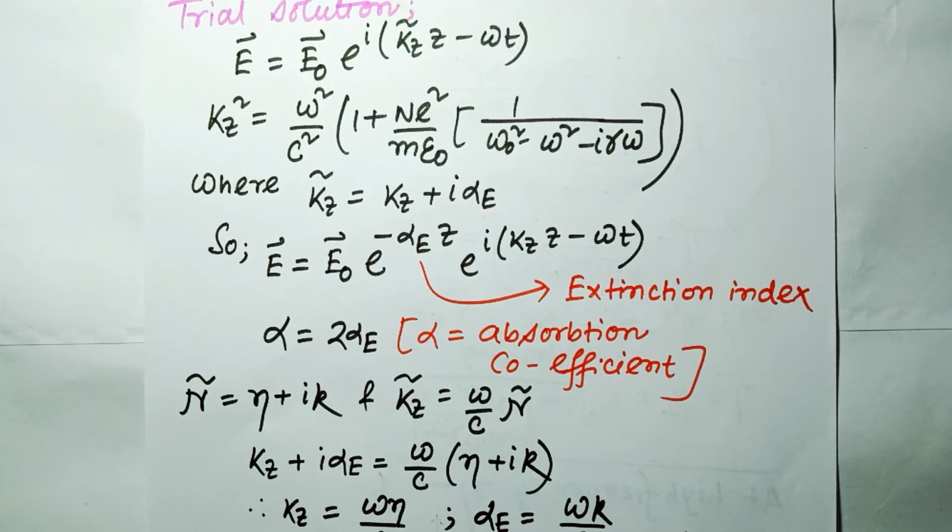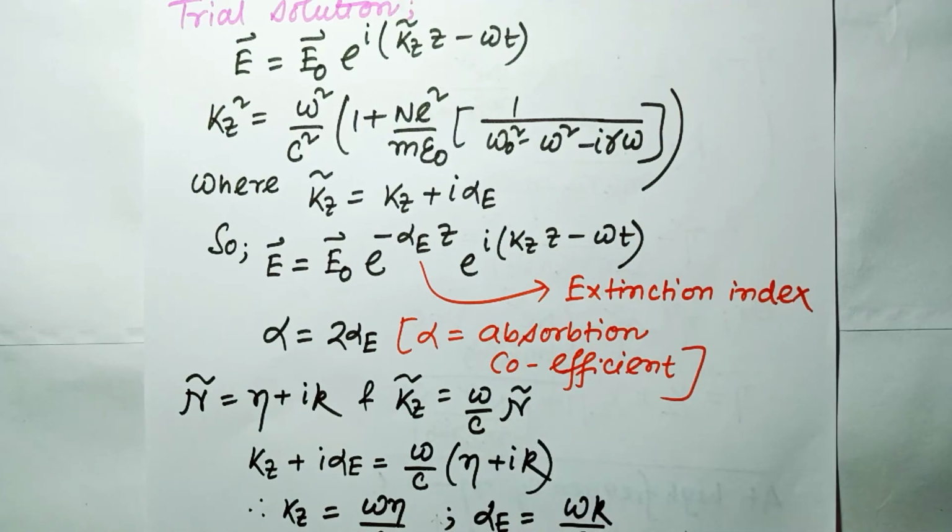Now the complex wave vector kz means there is also a complex refractive index. I define the complex refractive index as capital N, which is eta plus i kappa, and this is the relation between the complex wave vector and the refractive index: kz complex is equal to omega by c times the complex refractive index.